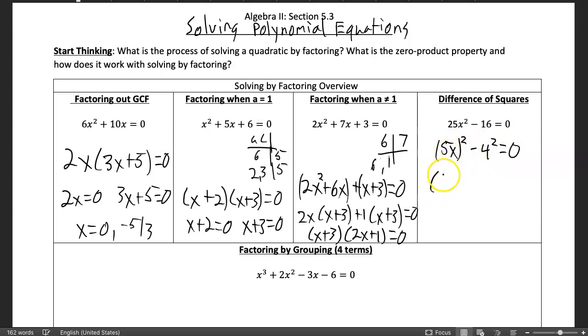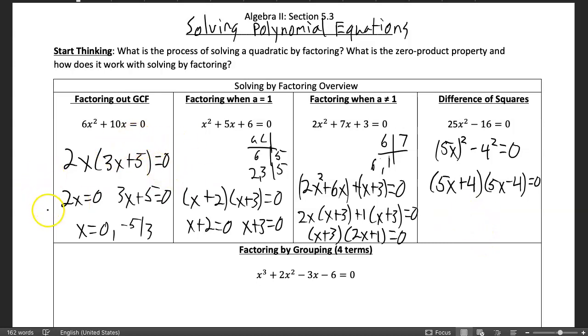This means that we can factor this out to say that it's going to be 5x plus 4 and 5x minus 4 is equal to 0. Why does this work out? Well, if we were to FOIL this again, our two interior terms would cancel, our two x terms would cancel, we'd be left with 5x squared, and we'd get minus 4 squared.